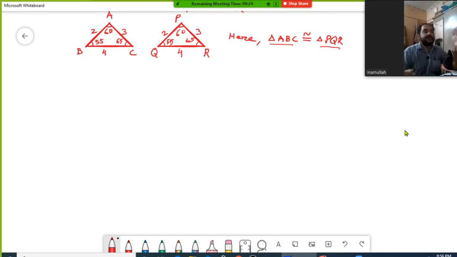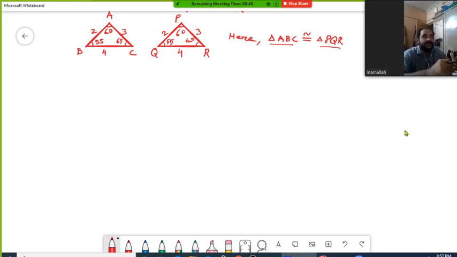So if 3 corresponding components, I am talking about sides and angles, any 3 components, like two corresponding angles and one including side, or two corresponding sides and one including angle, are equal and congruent, then on the basis of that, we can say that those two triangles are congruent.